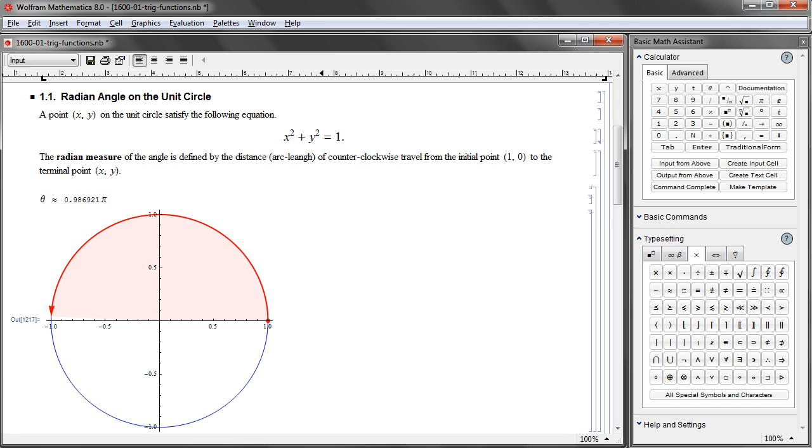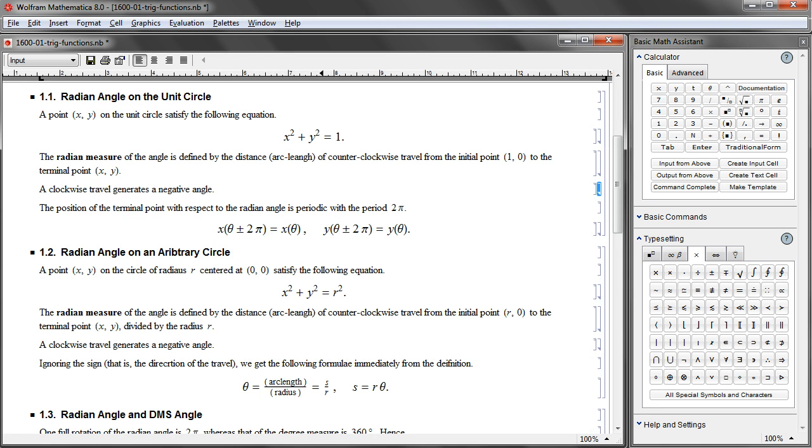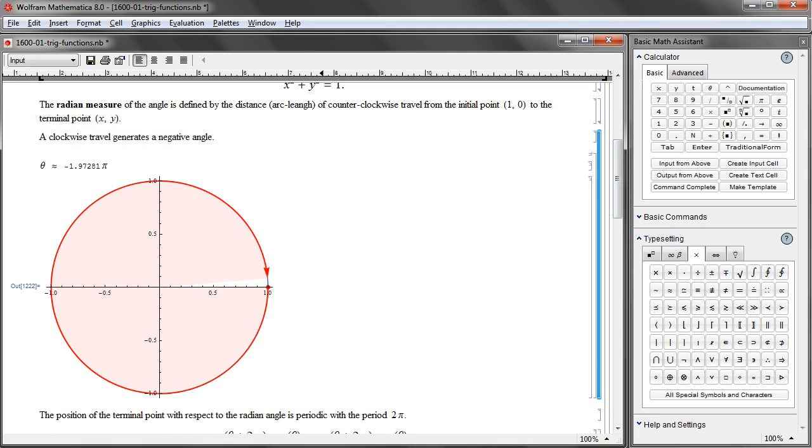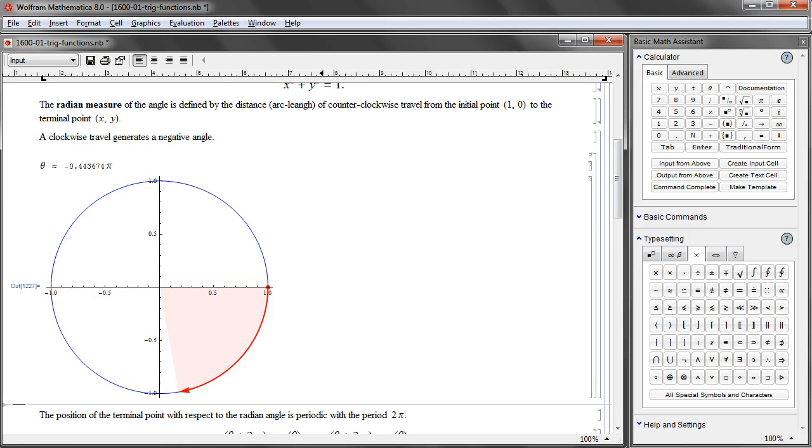And okay, we got lucky again. Theta is very close to pi this time, a little bit less. So what do we have? We have something very close to 180 degrees, a little bit less. Now what if we move clockwise? That's when we have negative angles. We're going backwards, so we have negative.